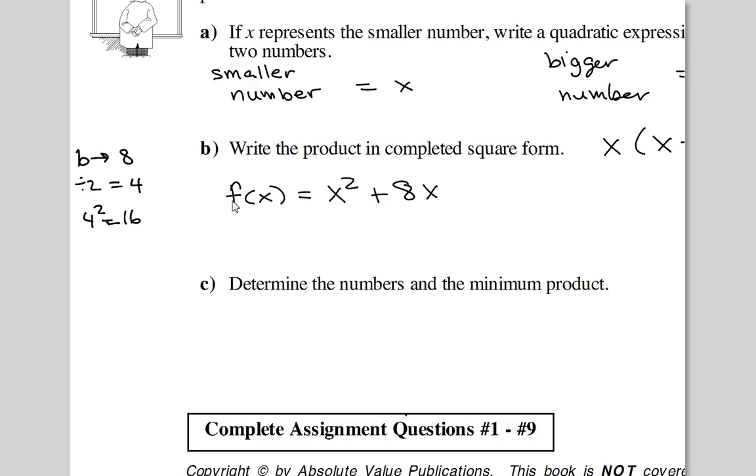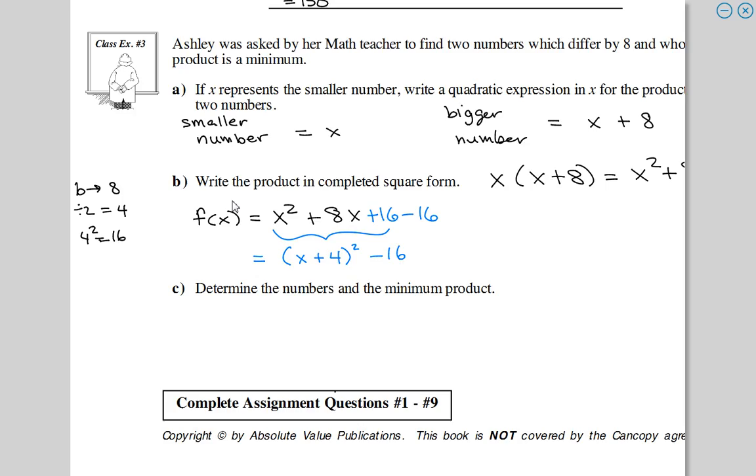So we're gonna add 16. We're gonna subtract 16 because we don't want to change the formula. This thing is x plus 4 squared, and we still have that minus 16 hanging out. Vertex is negative 4 comma negative 16.